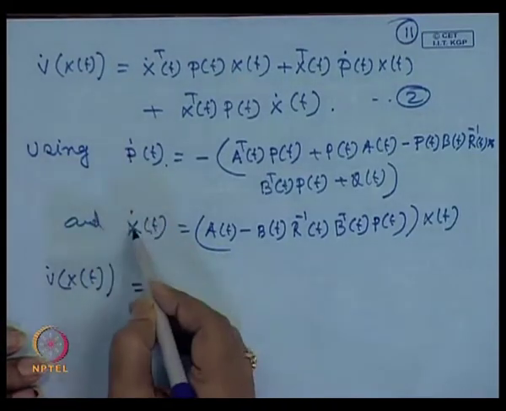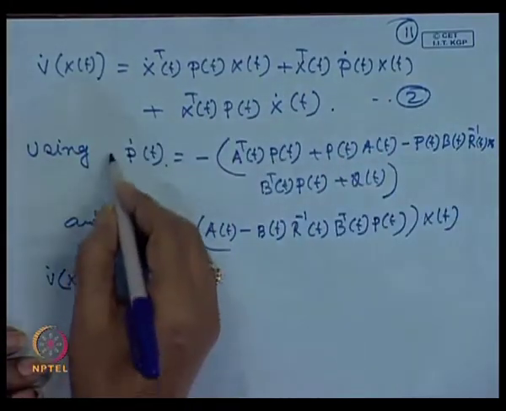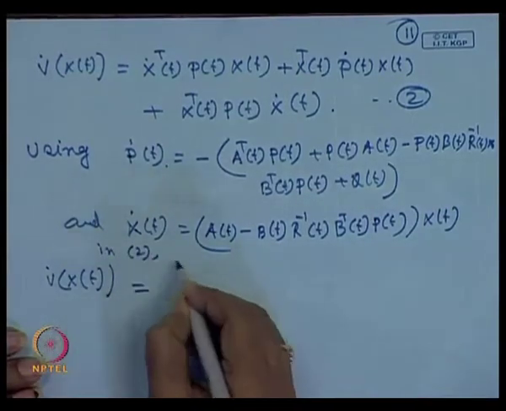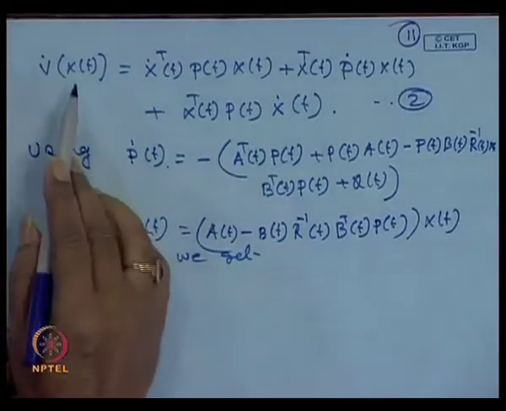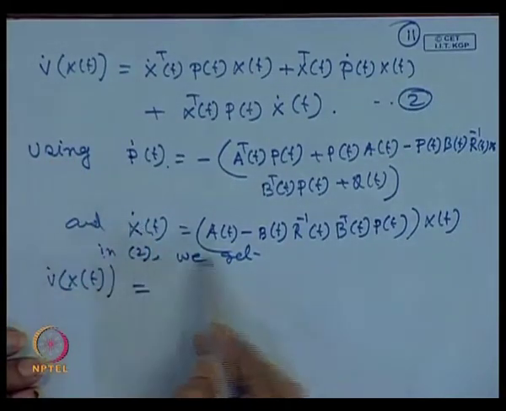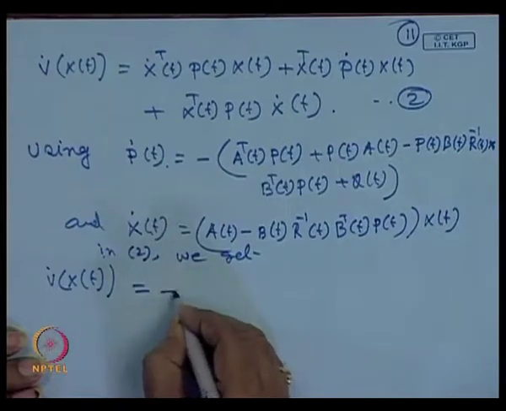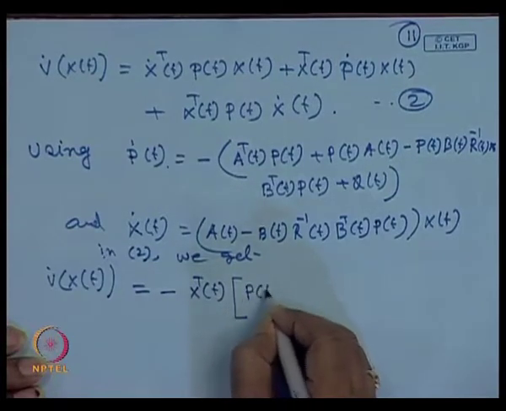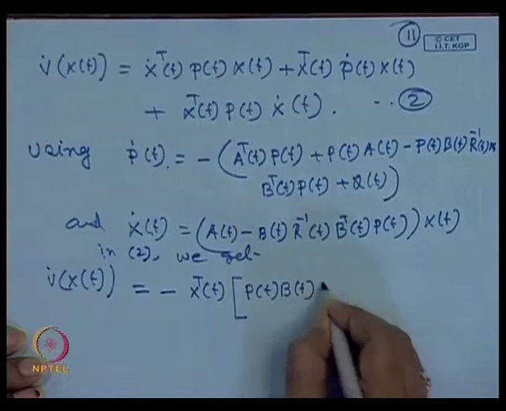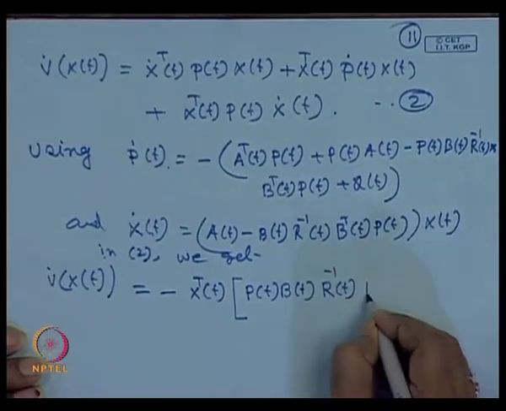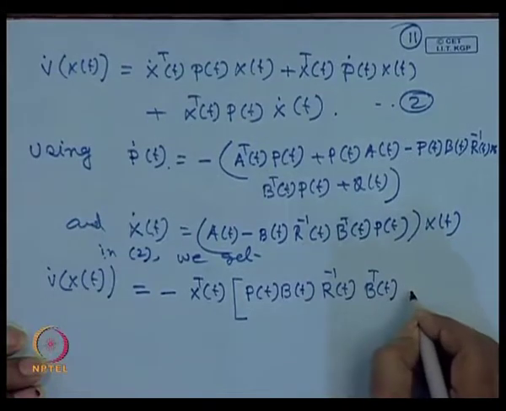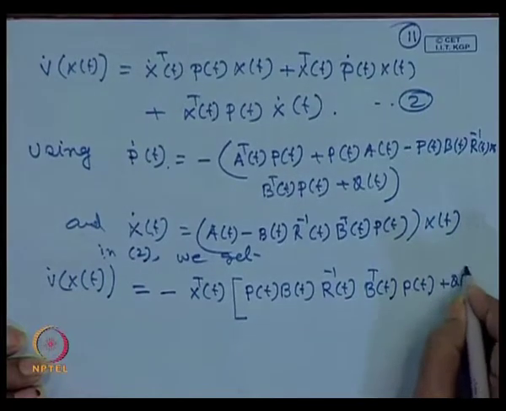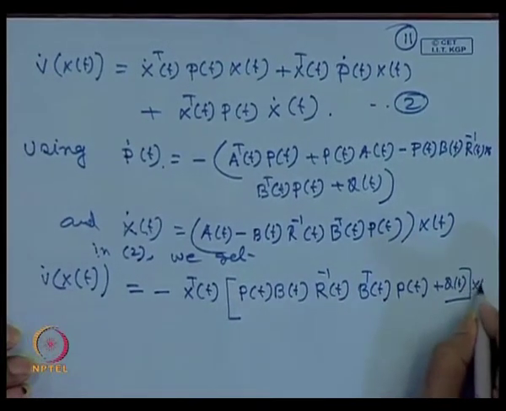Using the P dot and x dot expressions in equation 2, we get V dot equal to minus x transpose of t times P of t B of t R inverse of t B transpose of t P of t plus Q of t, whole into x of t.